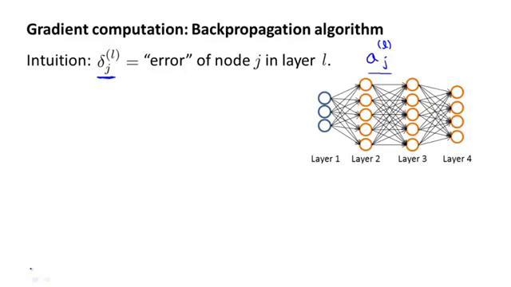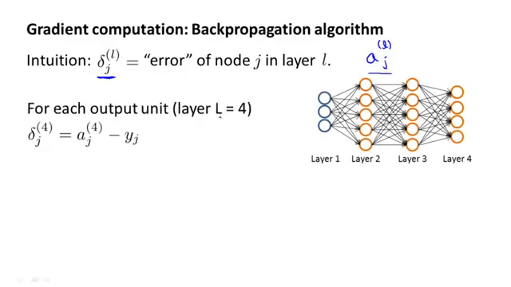Concretely, taking the example neural network that we have on the right, which has 4 layers, so capital L is equal to 4. For each output unit, we're going to compute this delta term. So delta for the jth unit in the 4th layer is equal to just the activation of that unit minus what was the actual value observed in our training example.